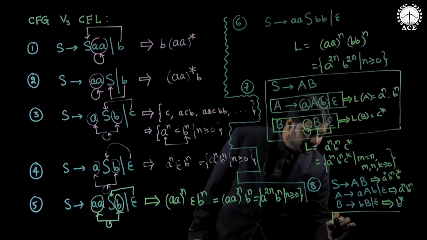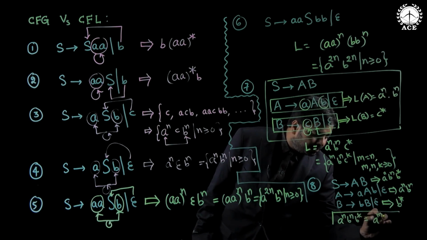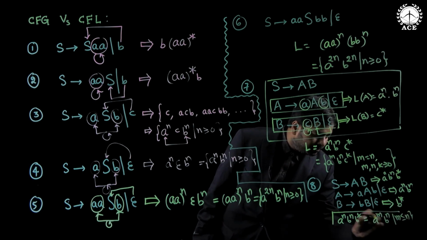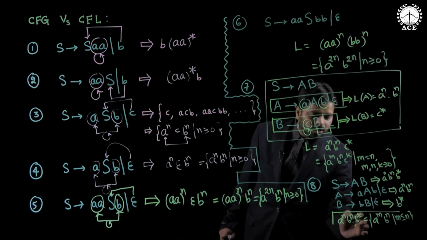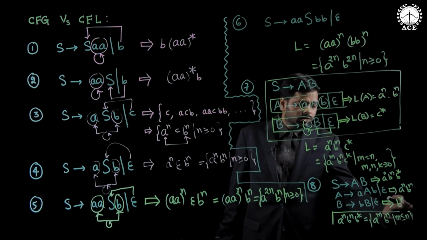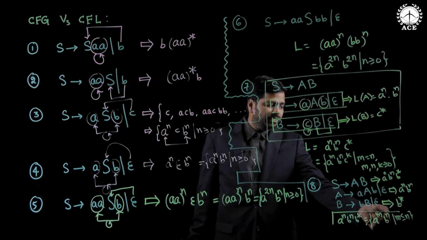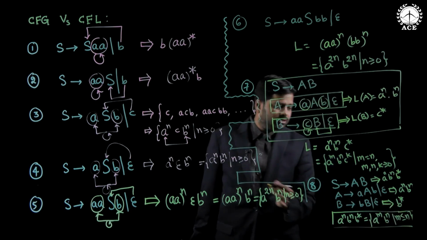I am writing here a power m, b power n, such that m is less than or equal to n, where m, n are greater than or equal to 0, because more b's you can generate when you compare with a because of the b star. So the number of b's is greater than or equal to the number of a's, or you can say the number of a's is less than or equal to the number of b's.